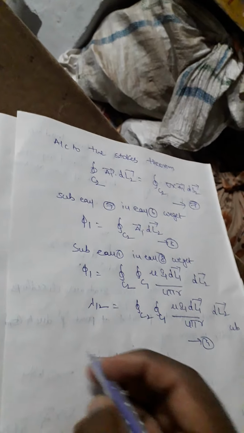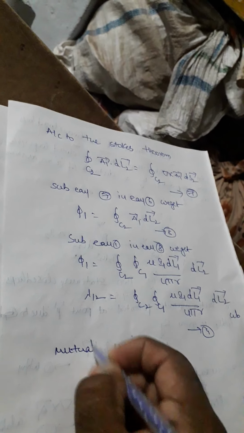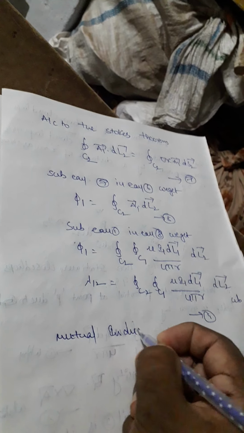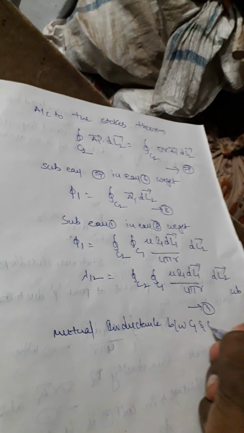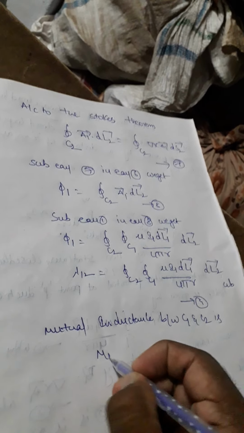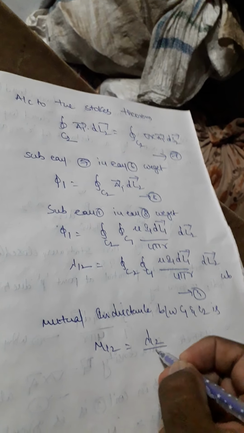So finally, the mutual inductance between C1 and C2, M12, is equal to lambda 12 by I1.